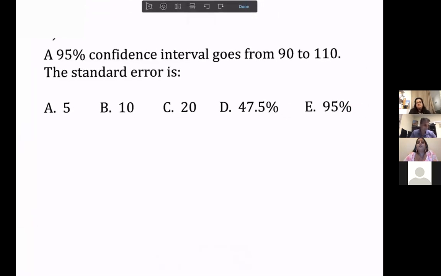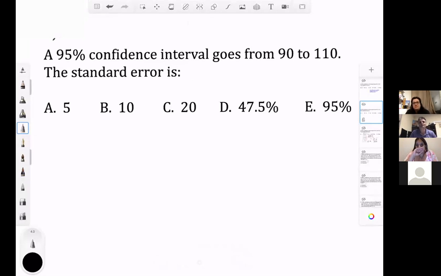What about this one? A 95% confidence interval goes from 90 to 110. The standard error is this. I think I'm going to go with B again, but somebody else can answer. Anybody else? So we have a formula, we don't want to just waste our memory. We have a page of notes. The interval is 90 to 110.